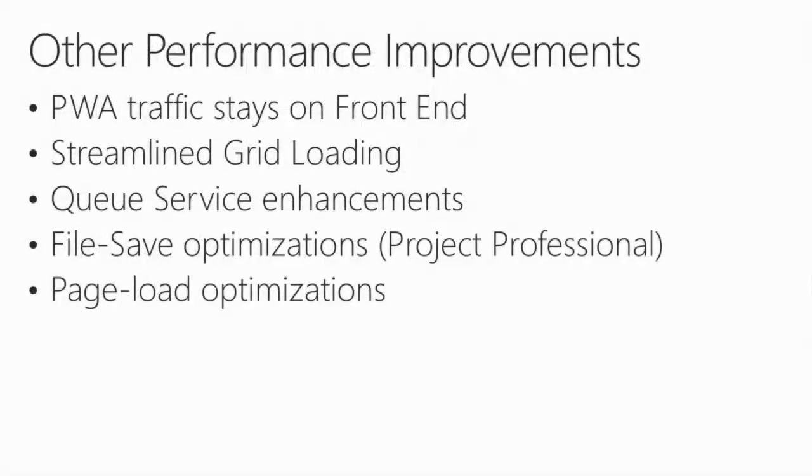So, other miscellaneous improvements that, to varying degrees, are useful but may not have justified their own treatment. One major thing is that instead of constantly calling into the application server, in some cases, specifically things that you would have hooked a proxy in between the app server and the web front end for, primarily on the PWA web service, a lot of those things are now actually running in process on the web front end.